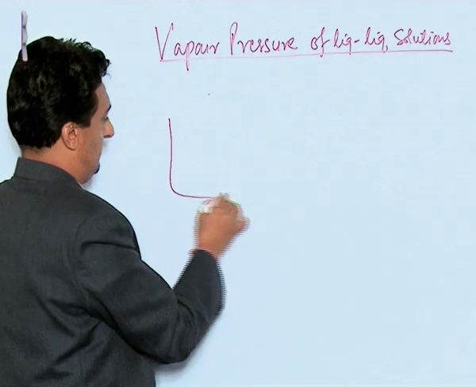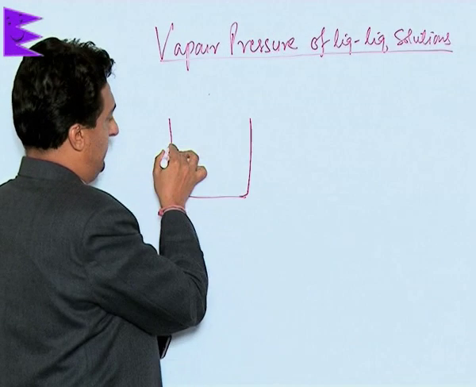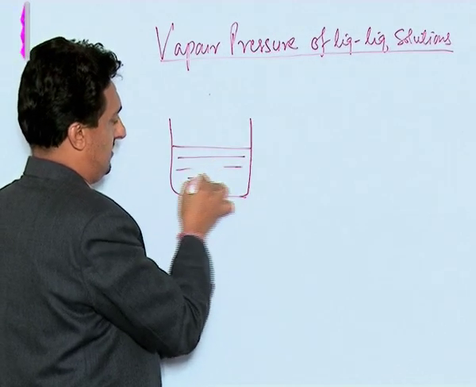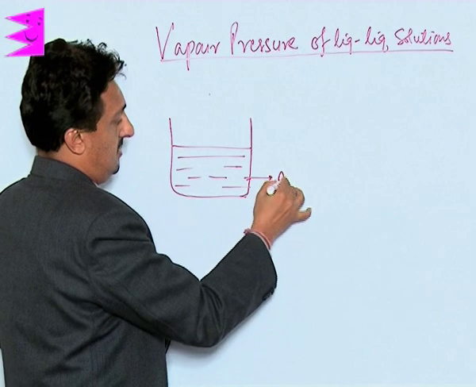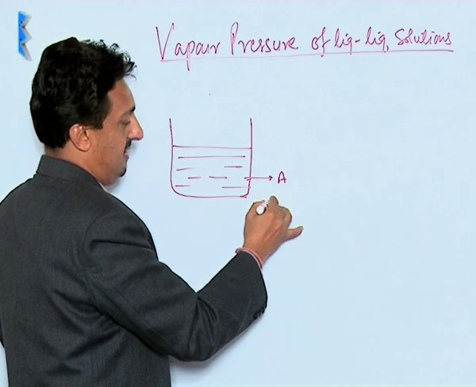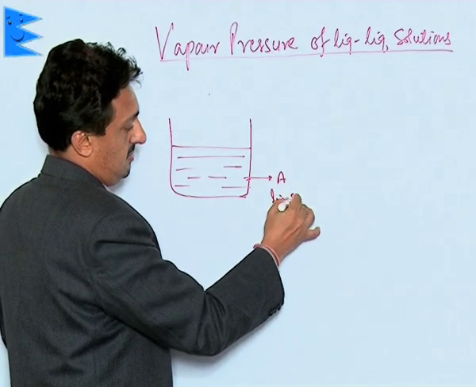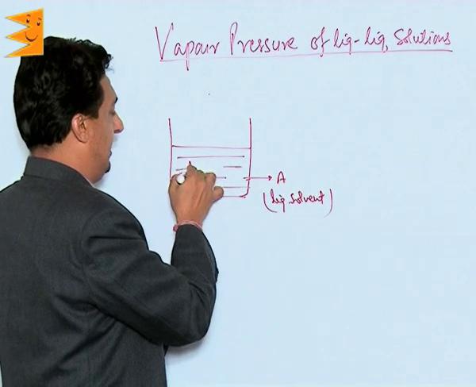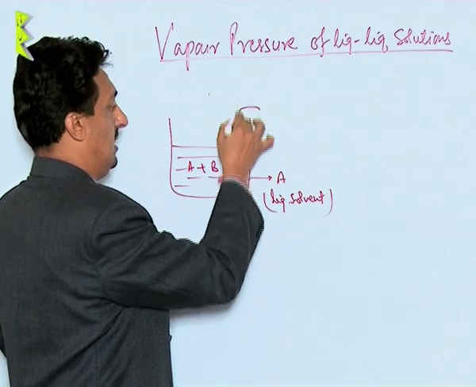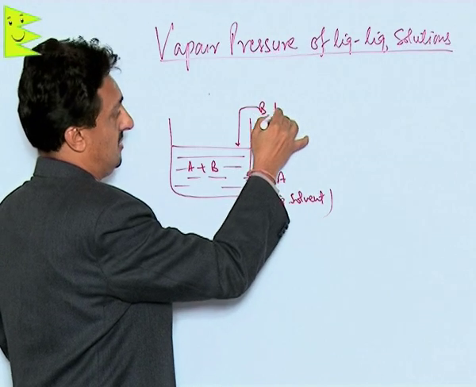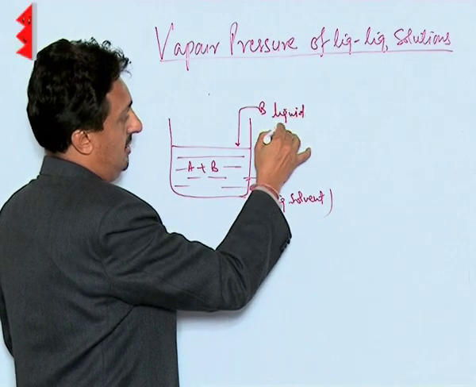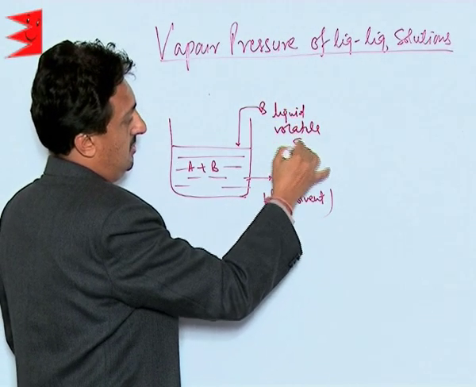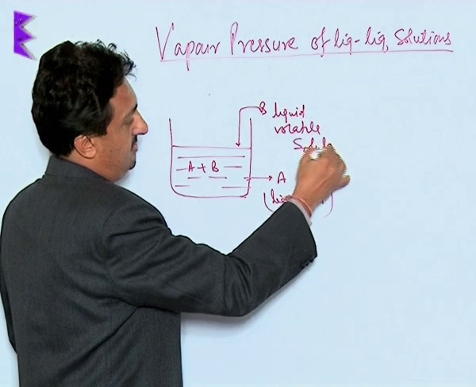We were originally having a liquid solvent A, to this we have added B, a liquid volatile solute.